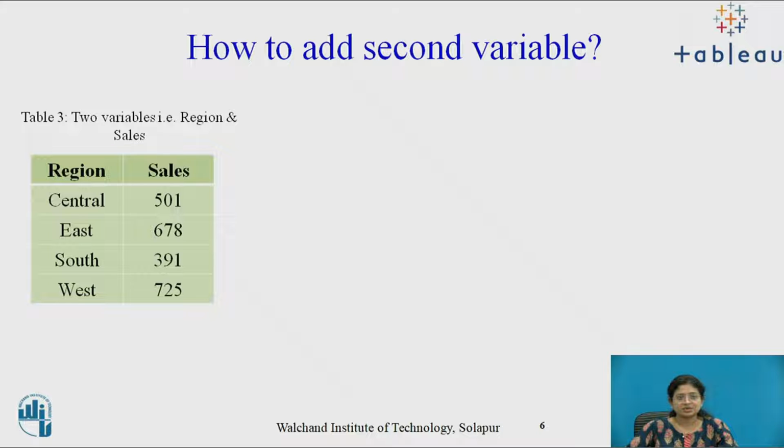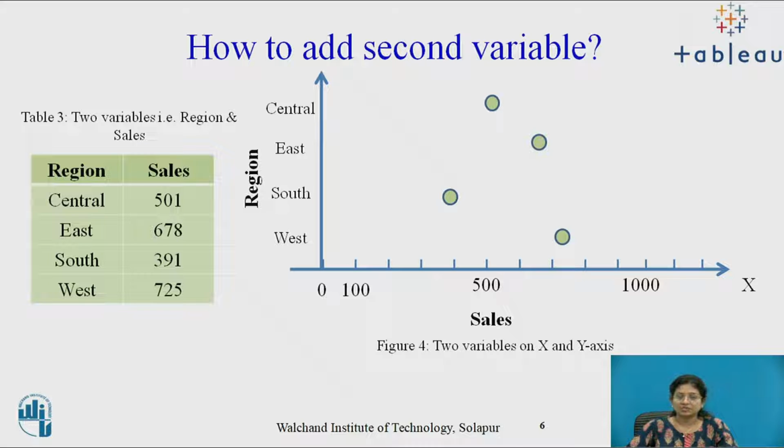Look at this table. Here two variables, region and sales, are given. Now, look at this chart. Here the x axis and y axis are given. On the x axis there is sales, which is a numerical value, and on the y axis I have taken region, which is nothing but the dimension. The regions are central, east, south and west.